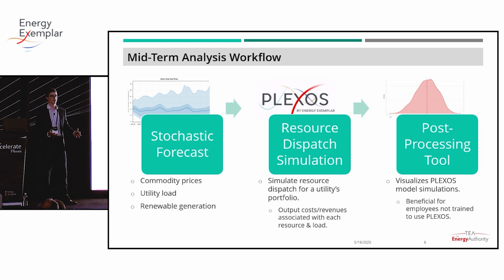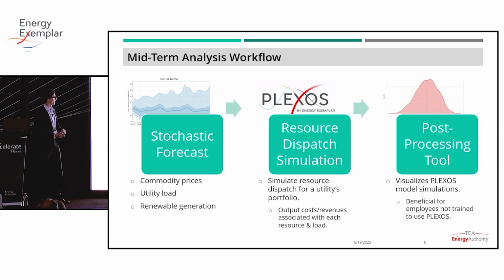Not everyone in our organization is an expert on Plexos, so we have a post-processing app that allows those who aren't as familiar with Plexos to view these model results, as well as evaluate prospective power or gas hedges, which is one of our primary use cases for the midterm analysis.